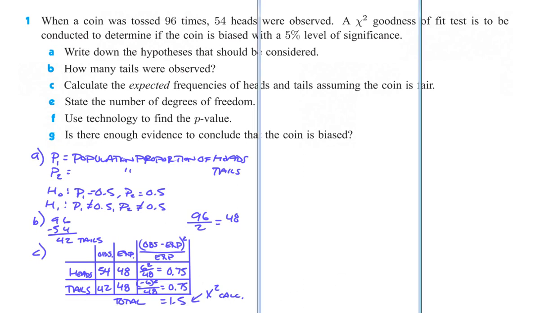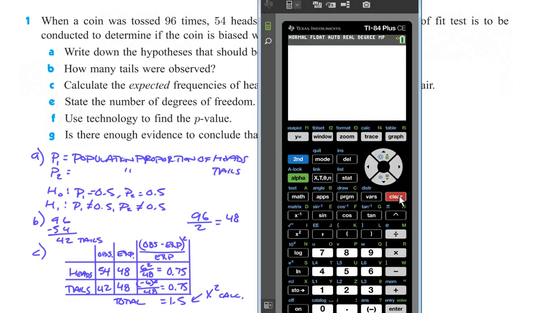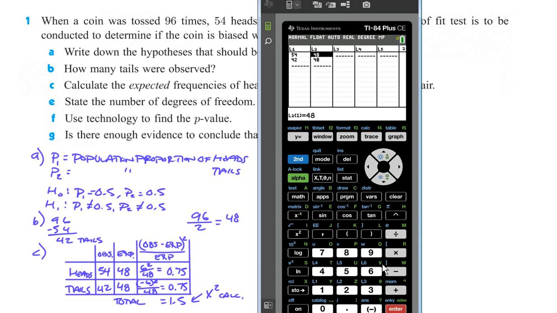Now you can also do that on the graphing calculator. Once you have the observed and the expected, you go into STAT, and then push Edit. We're going to put our observed in list 1, 54 and 42, and the expected in list 2, 48 and 48. Okay?